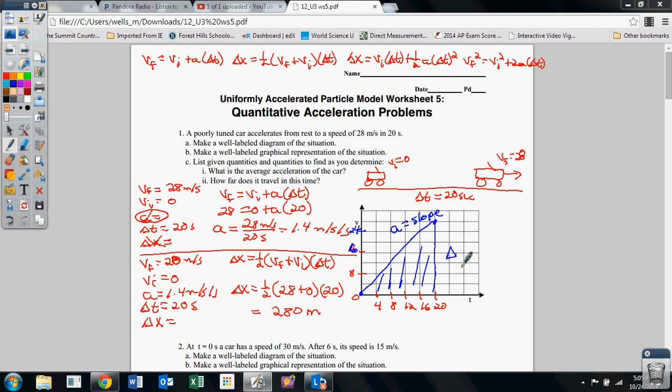So delta x is equal to the area. So if you do a little math, the area would be 1/2 the base, which is 20, times the height, which is 28, which is really what we did there. So you can see that the graph is related to the numbers.